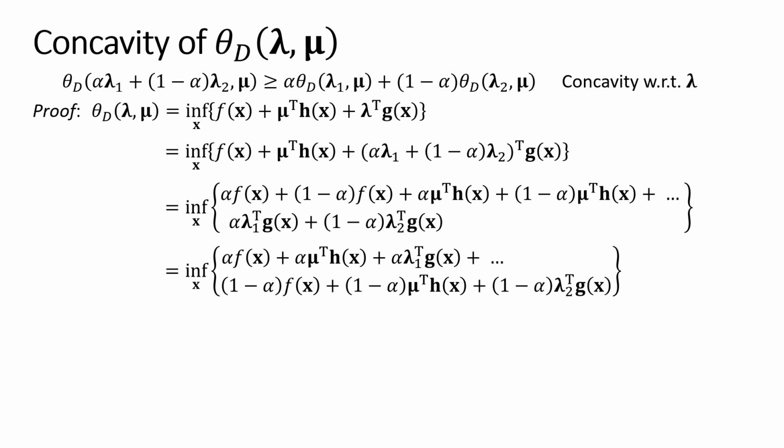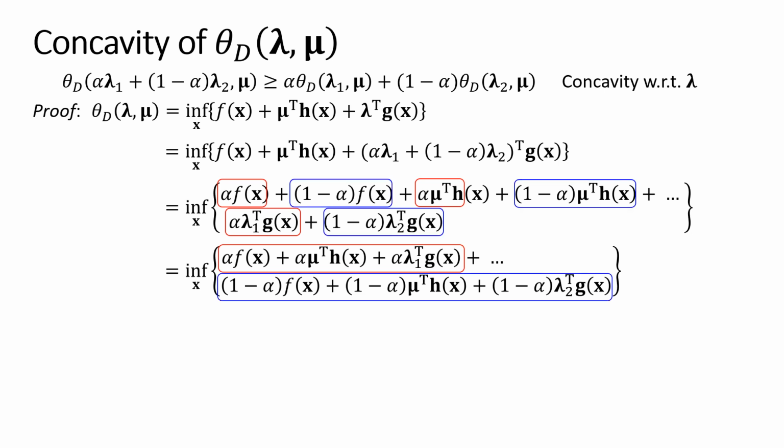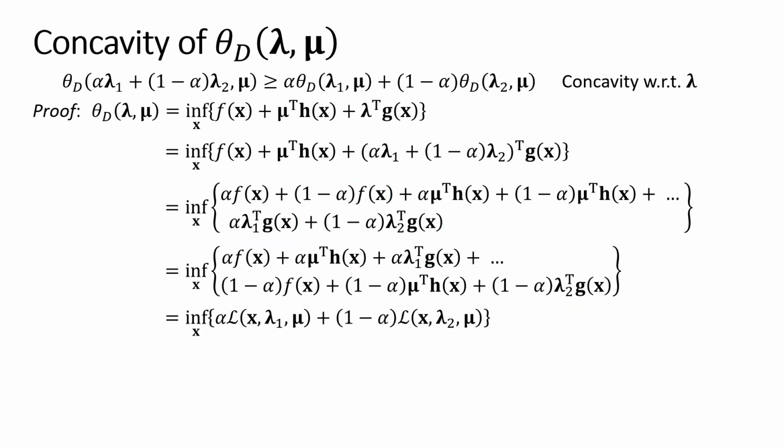In this step, what I do is I lump all the alpha terms together, and separately I lump all the 1 minus alpha terms together. So this is equal to the infimum of alpha f of x plus alpha mu transpose h of x plus alpha lambda 1 transpose g of x plus 1 minus alpha f of x plus 1 minus alpha mu transpose h of x plus 1 minus alpha lambda 2 transpose g of x.